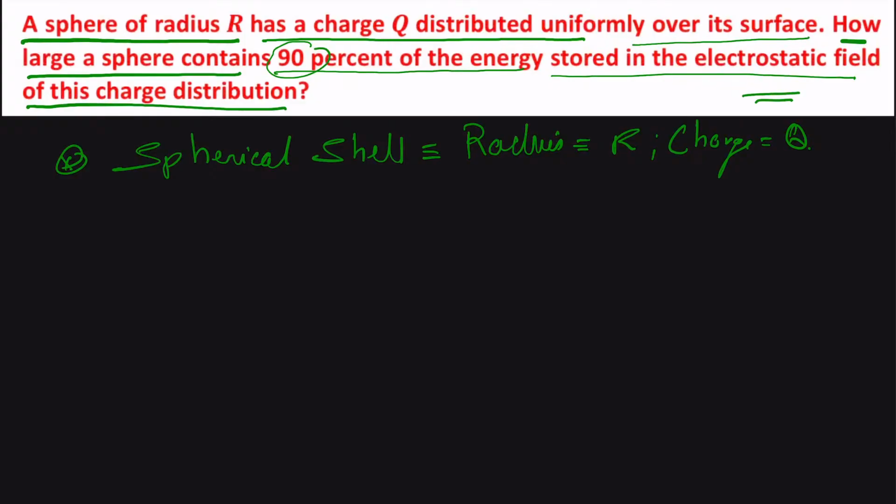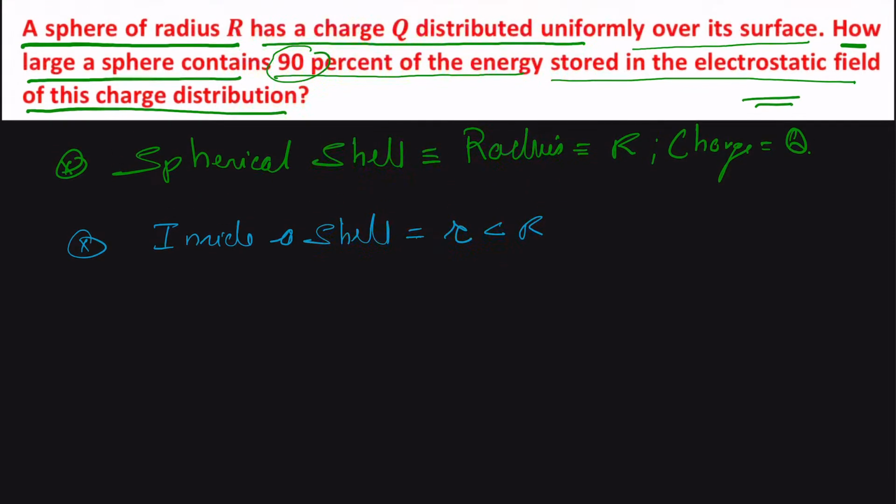And we know that for a shell, or inside a shell, for any point that is at a distance of small r which is less than capital R, you can easily see that the value of electric field will be equal to 0.